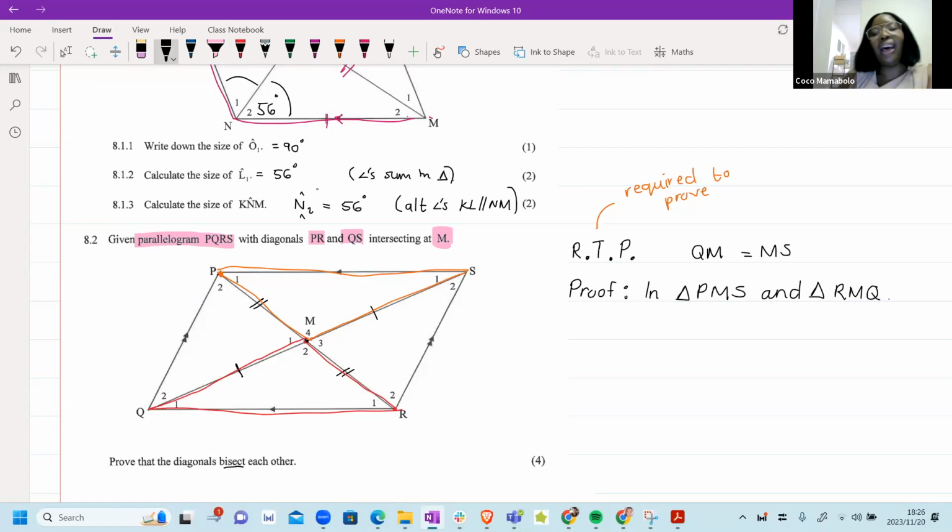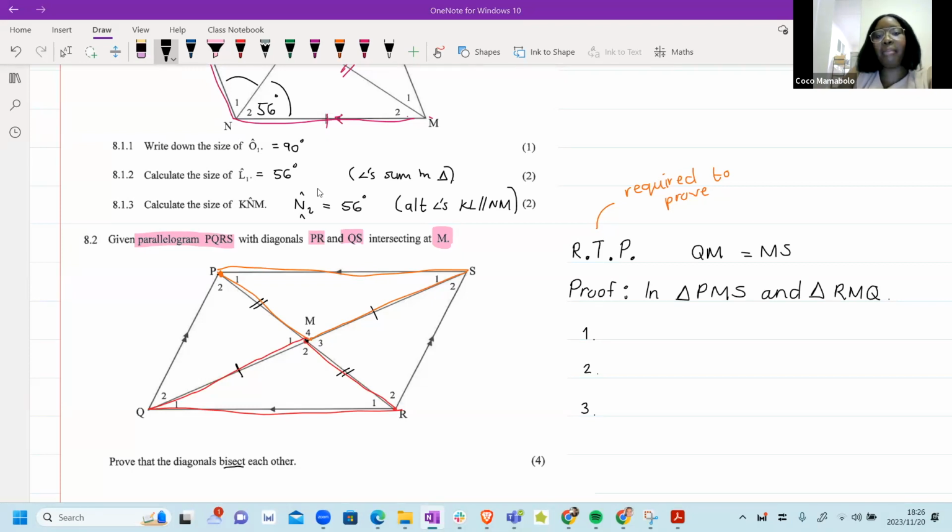Beautifully done. Now, to prove congruence, I need 3 reasons. 1, 2, 3. Give me reasons, guys. Let's go. Tell me what you know. What do we see in those 2 triangles there? Good. That's it, part 2.